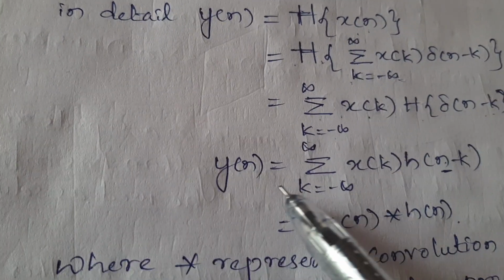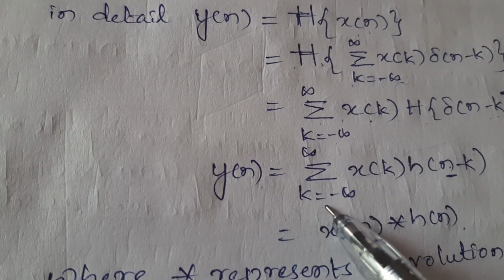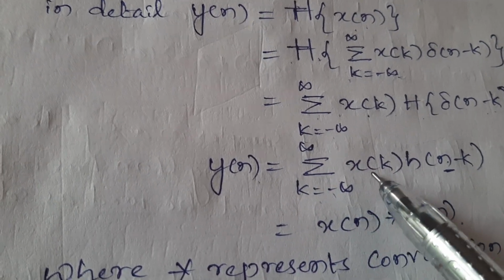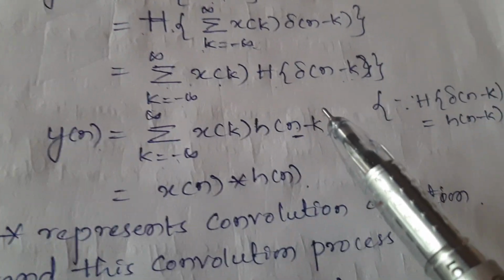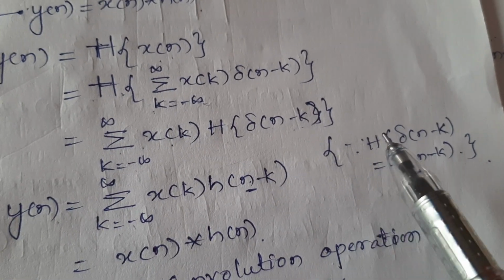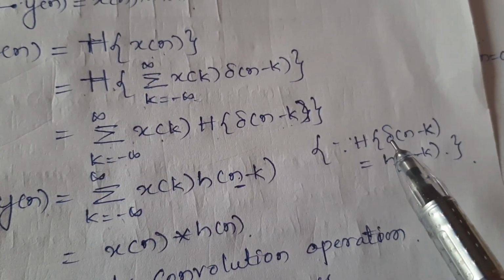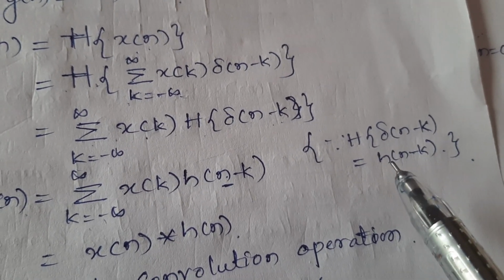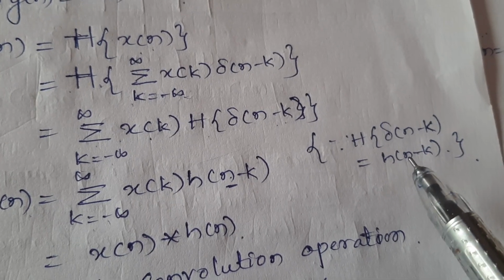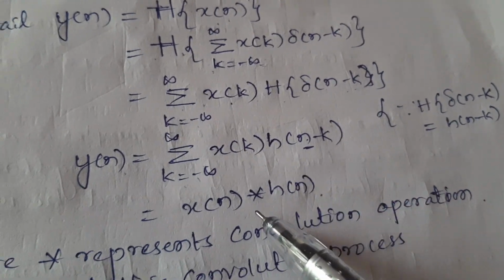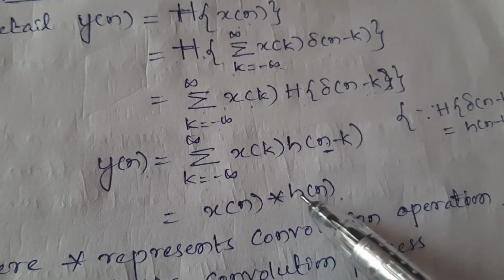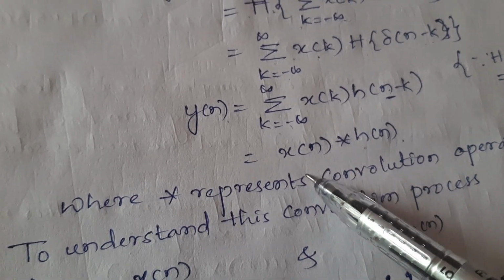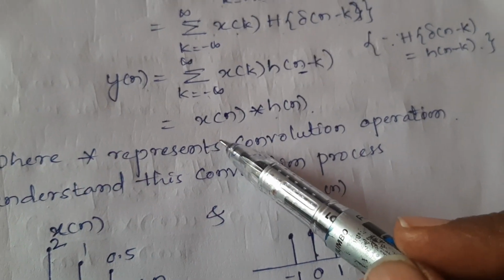So y of n is given by k running from minus infinity to plus infinity, x of k, h of n minus k, wherein h operated over del of n minus k is nothing but h of n minus k. And in turn, this can be written as x of n convolution h of n. Of course, star is the convolution operator.